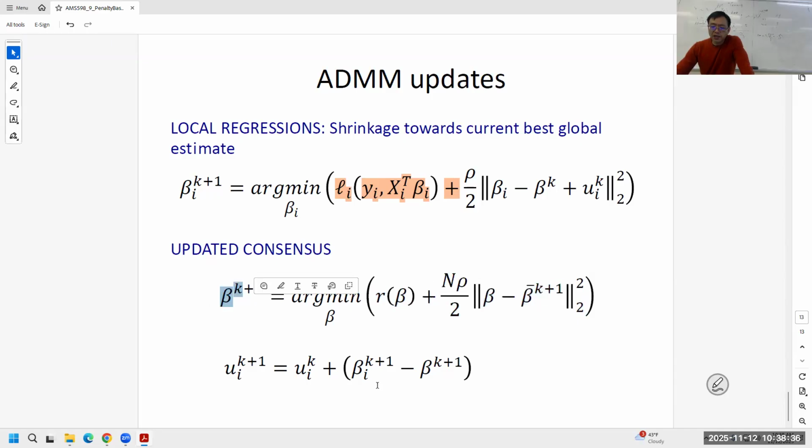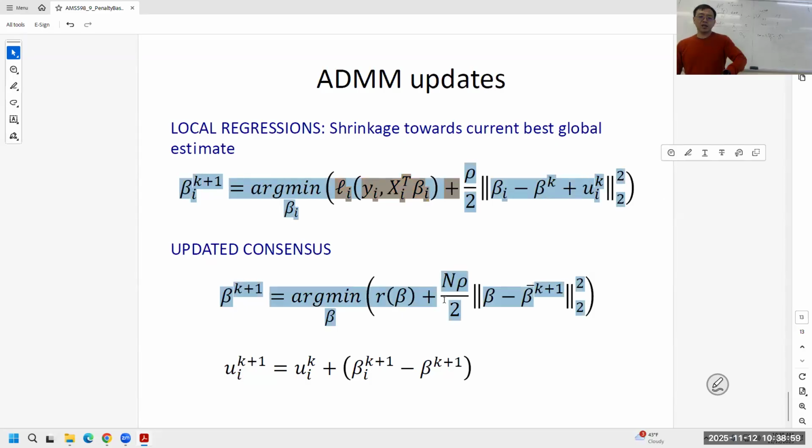Once you have this beta, you can update your u, which is y divided by rho, the Lagrange multiplier divided by rho. Then you send beta back to the local processors, each one updates its u i, and then you update beta again, iterating.